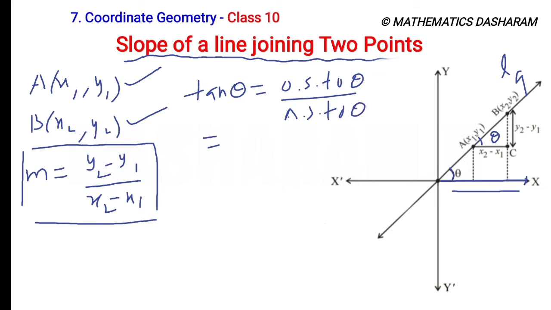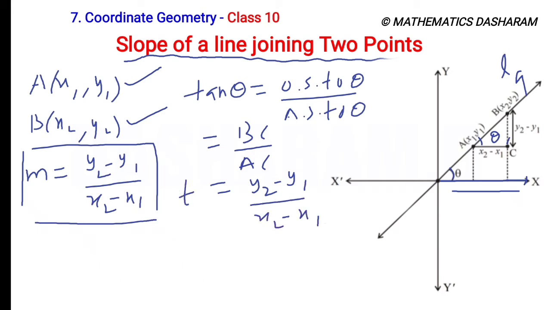From the figure, first of all, here it is 90 degrees, so we consider it as the height. The opposite side to theta is BC, divided by the adjacent side to theta, which is AC. The BC value is y2 minus y1 and the AC value is x2 minus x1.